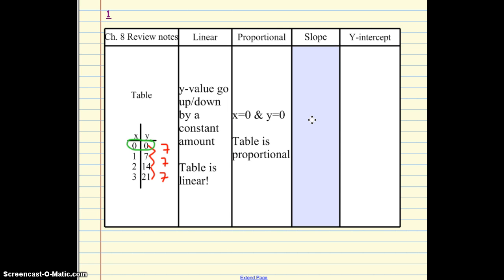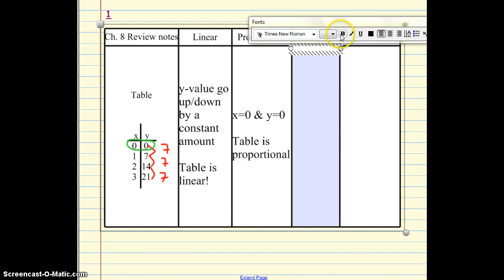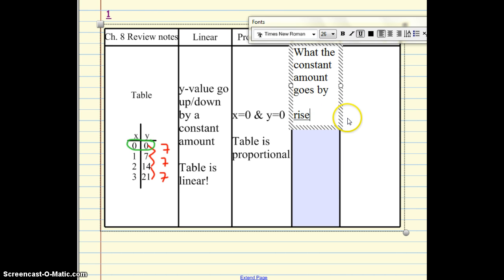Alright, moving along, how do we find the slope? Well, the slope in a table is the constant amount, what the table goes by. Remember, we are going to find the slope by doing rise over run, so it's rise divided by run.